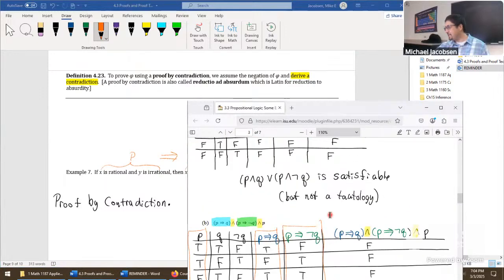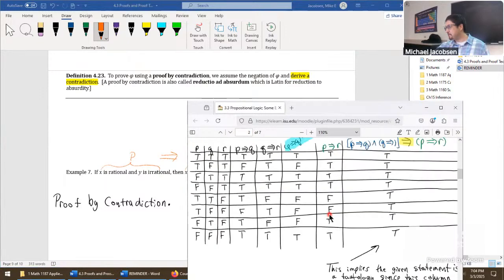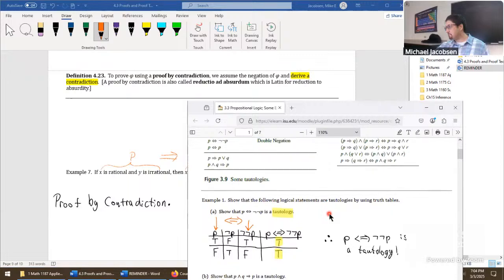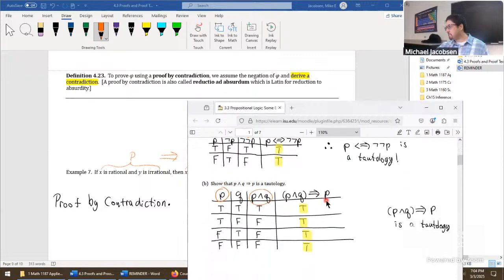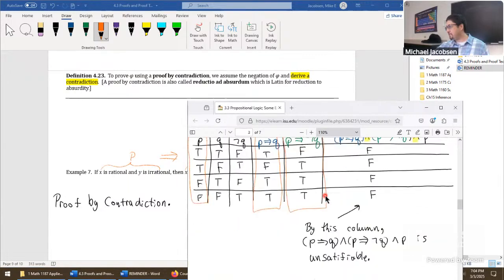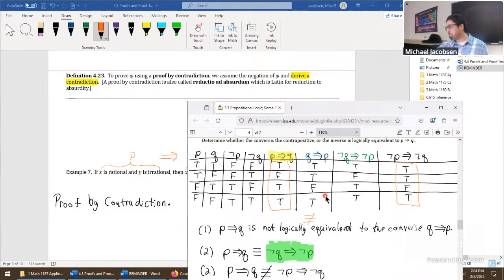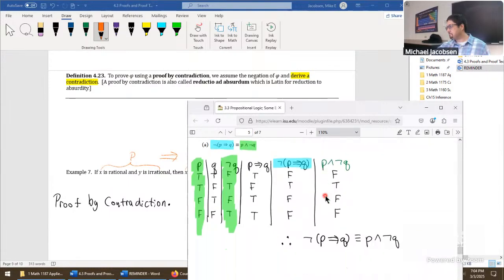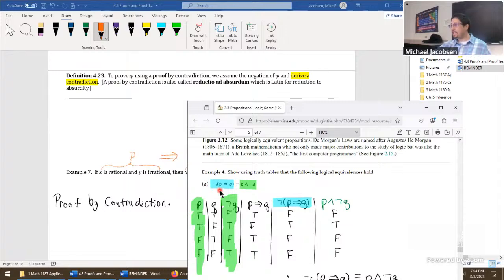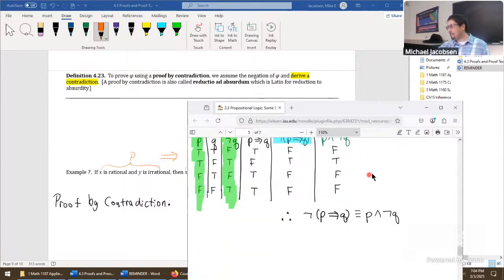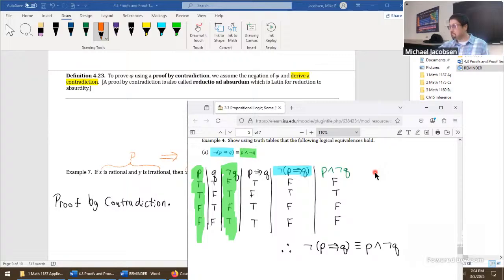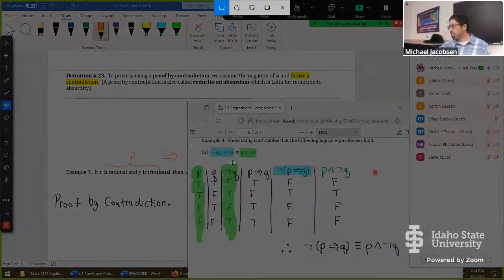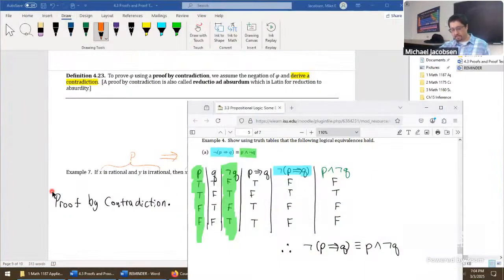Let's see if I can find it here. It's somewhere. There it is. The negation of P implies Q. Let's pull this in. Let's get the red dot out first.